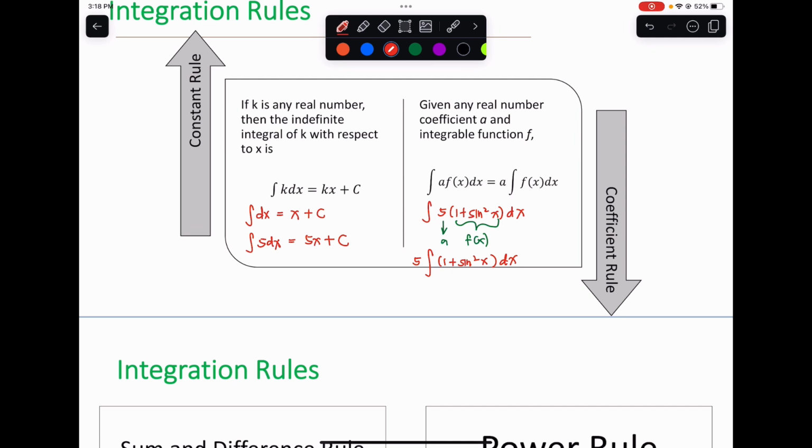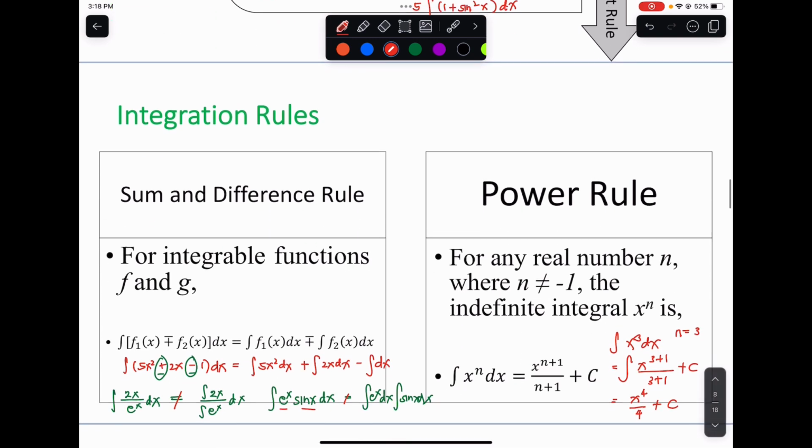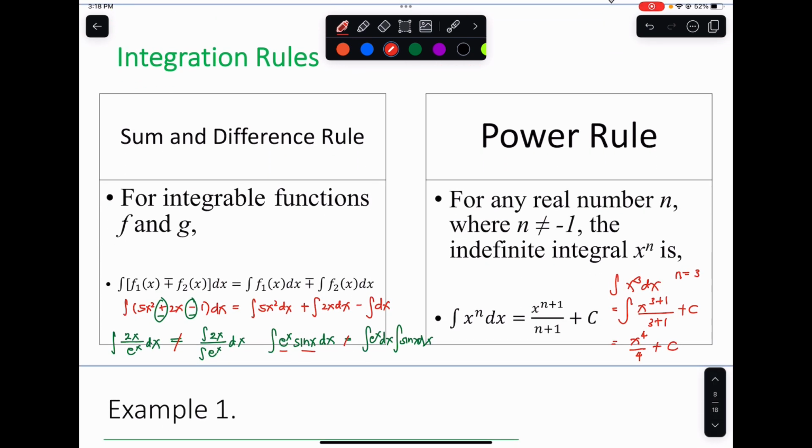For the coefficient rule, we simply move the coefficient outside the integral symbol. For the sum and difference rule, integration is only distributive for sum and difference operations, but not for multiplication or division. And for the power rule, as long as we have an algebraic function and n is a real number other than -1, we can use it. The formula is x raised to n plus 1 all over n plus 1.